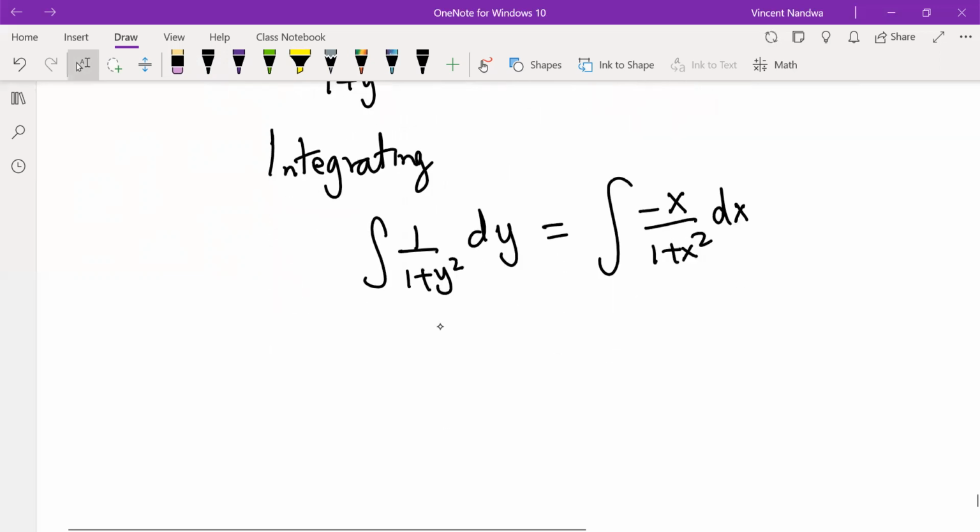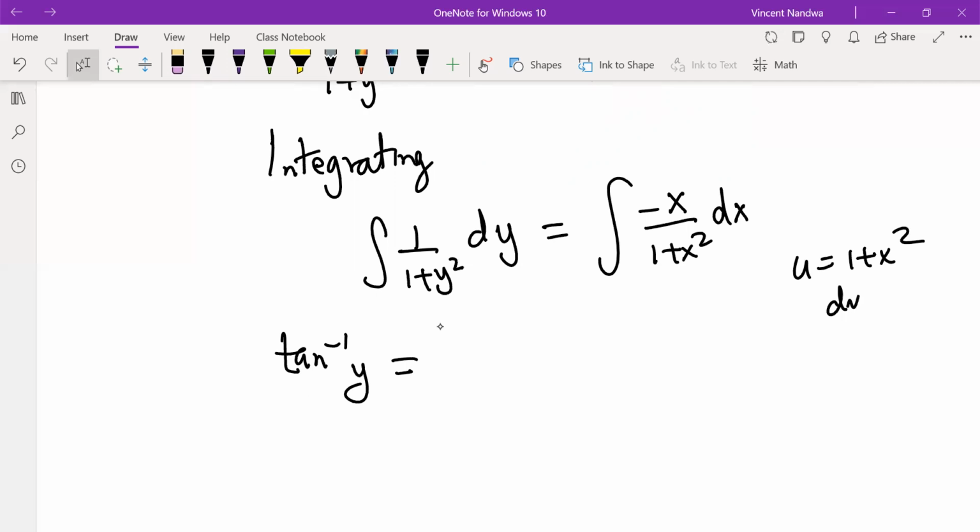So by definition, this would be tan inverse of y equals, now here we let u be 1 plus x squared. So du will be 2x dx, so dx will be du over 2x.